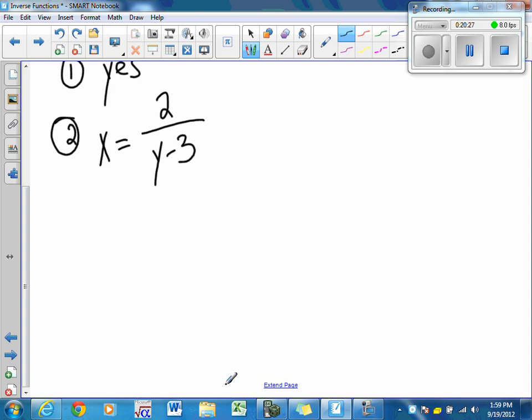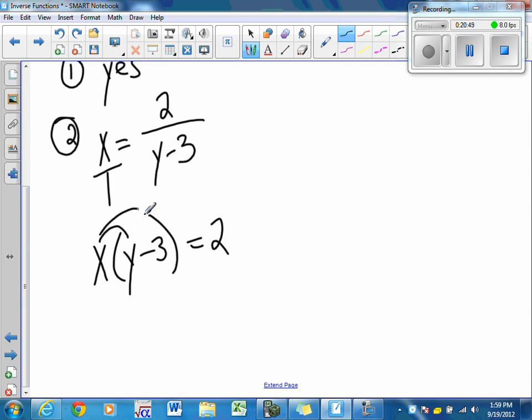All right, I've switched the x's and y's. X equals 2 divided by y minus 3. Now I need to cross multiply, so I have x times y minus 3 equals 2. Now remember, I'm trying to solve for y. So I'm going to distribute this through.